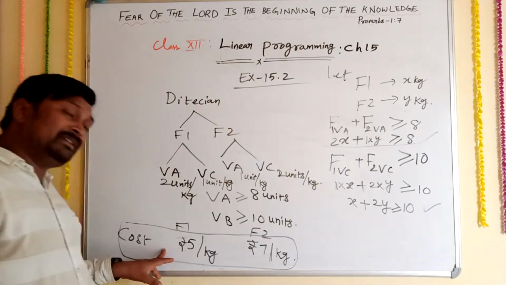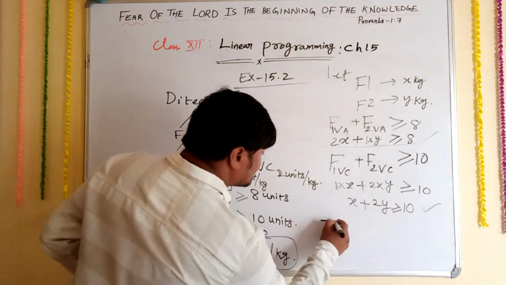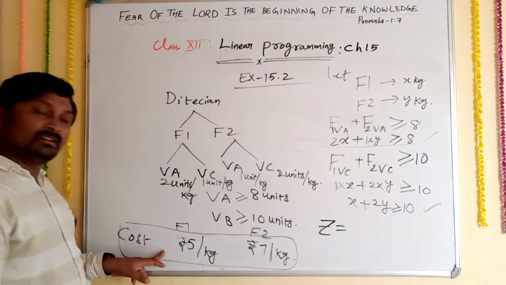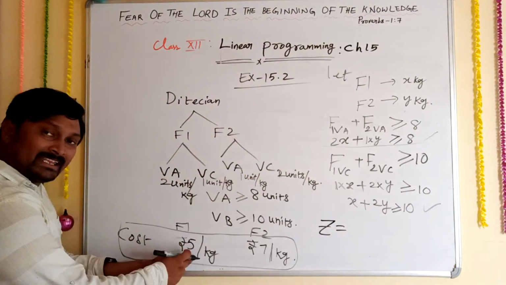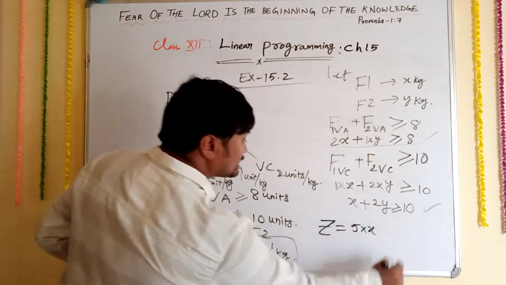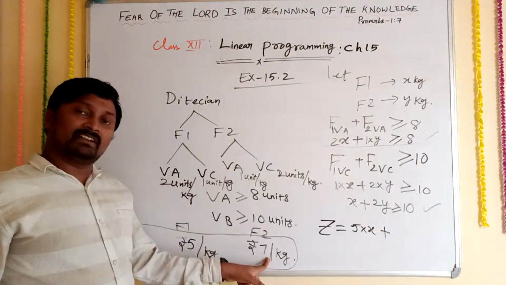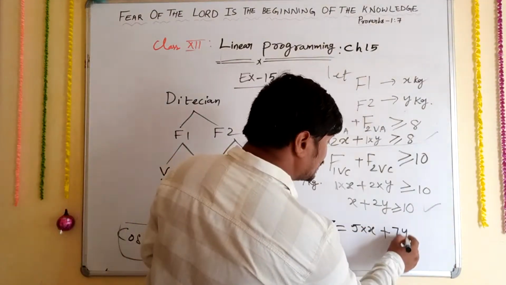So how to minimize the cost? For that we require one equation, that is Z is equal to, food 1 is 5 rupees they said, so that's 5 into X, plus food 2 here 7 rupees they gave, so that's 7 into Y.